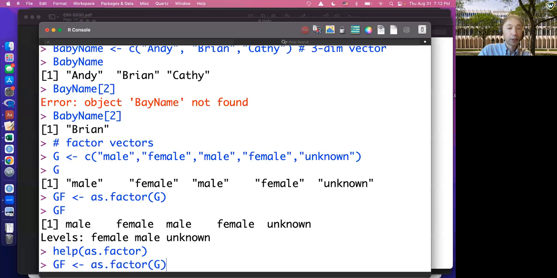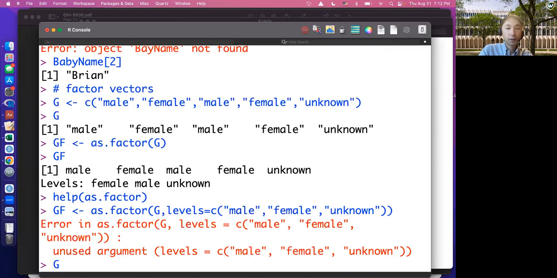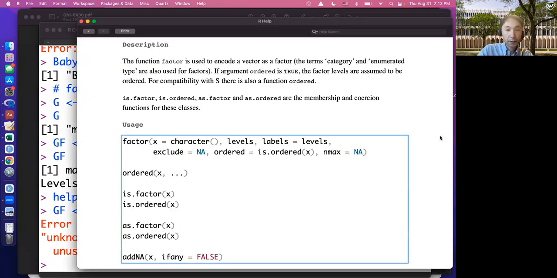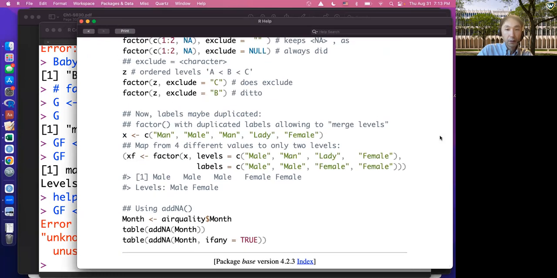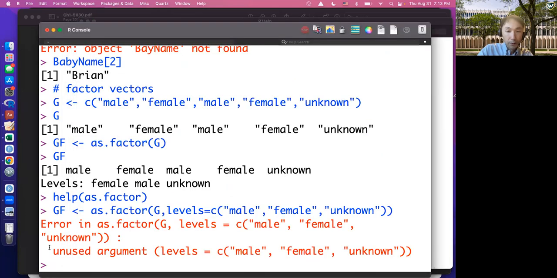So for example, GF is as.factor with levels male, female, unknown. Oh, sorry. The levels function: as.factor G, levels male.